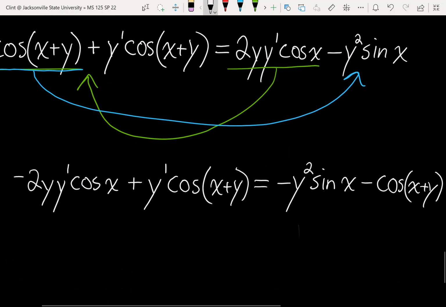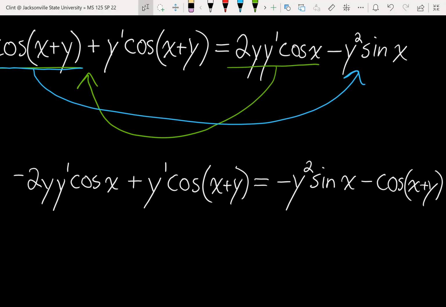This is when you hope you've got plenty of paper laying around. That's the worst of it. We're almost there. What's left?